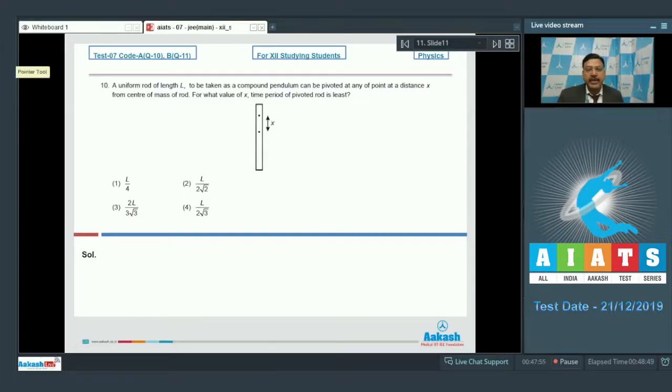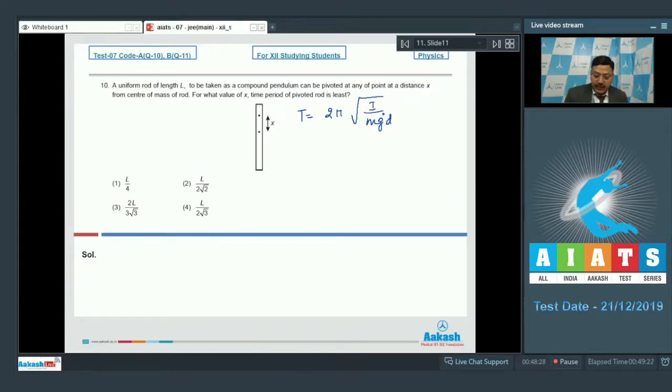the expression for time period of a physical pendulum or a compound pendulum is given as T is equal to 2 pi root I divided by mgd, where I is the moment of inertia of the body about the point of suspension, or about the axis through the point of suspension, and d is the distance of the center of mass from that axis.